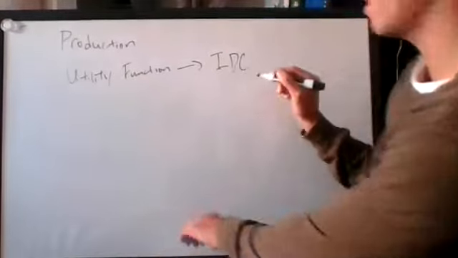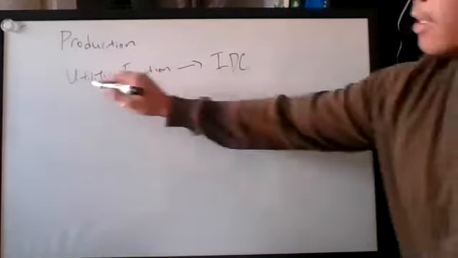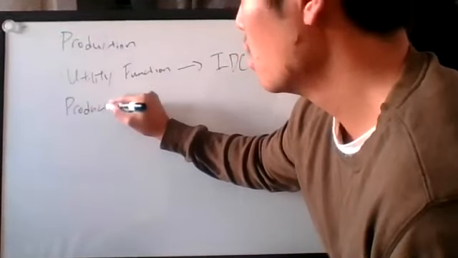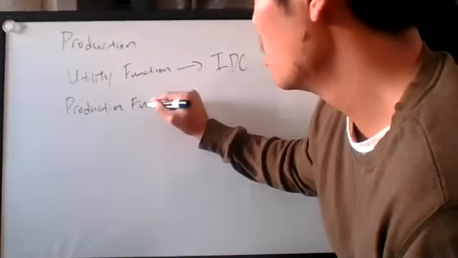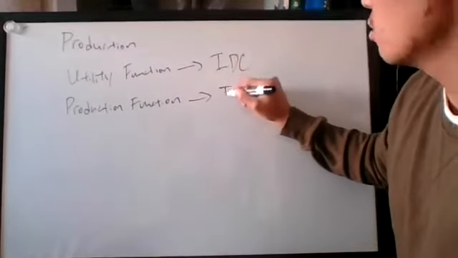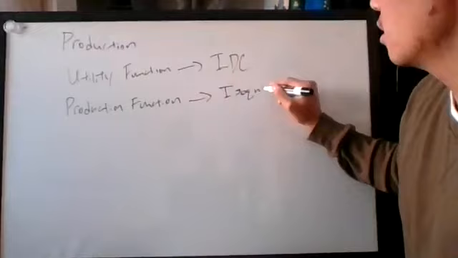Utility function corresponds to indifference curve, and I'm just going to abbreviate that IDC. In that same exact way, the production function is going to correspond to what we call an isoquant, right?